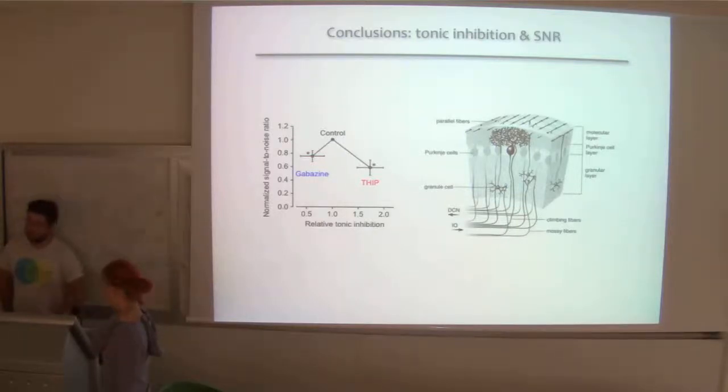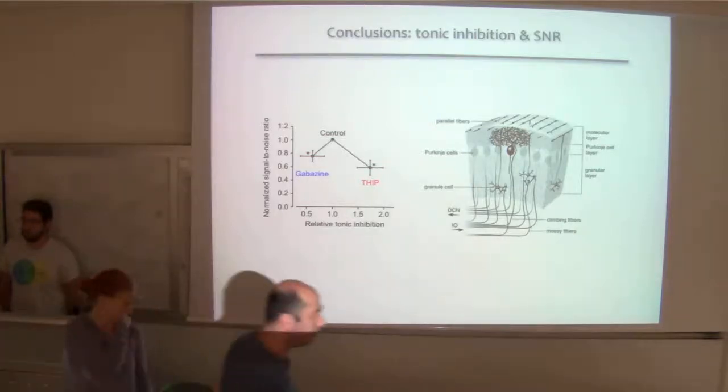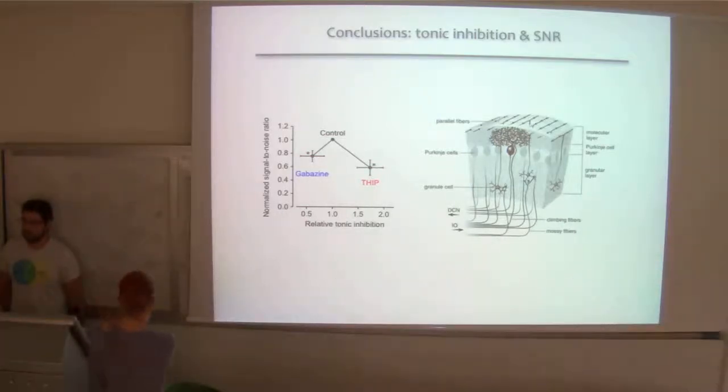Either result would be interesting, because if the Purkinje cell doesn't care, that's equally as interesting. It means that it will have intrinsic mechanisms that allow it to operate in a certain range. But the endpoint result doesn't matter.